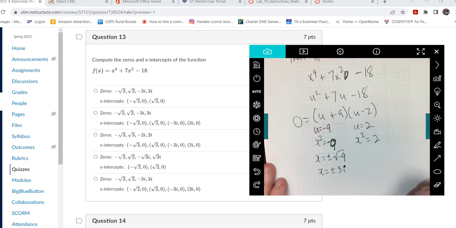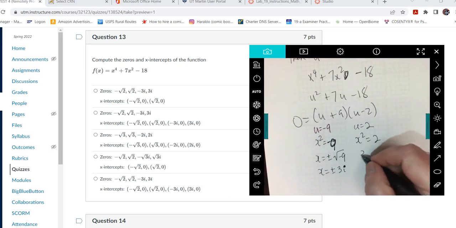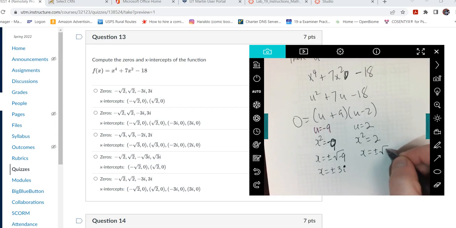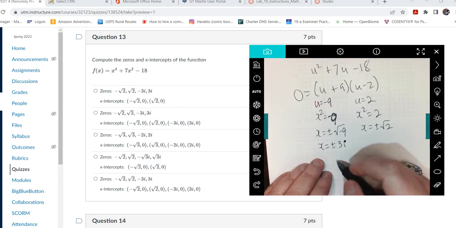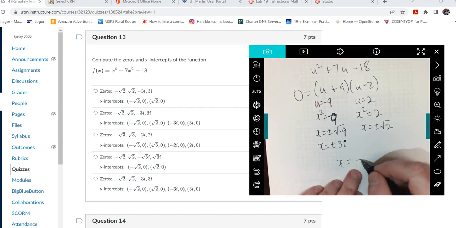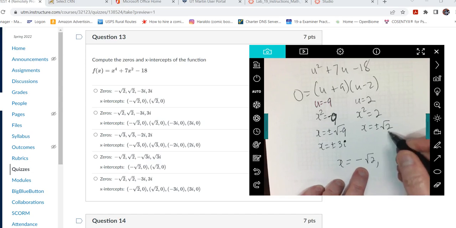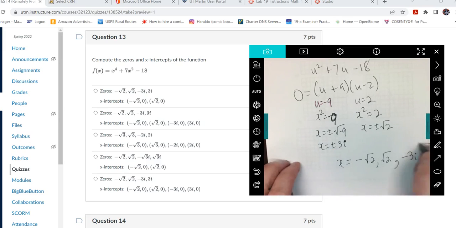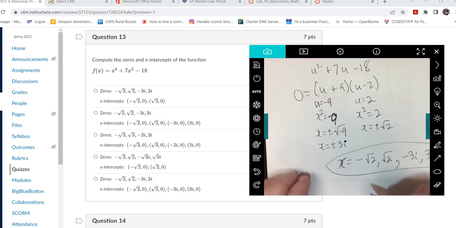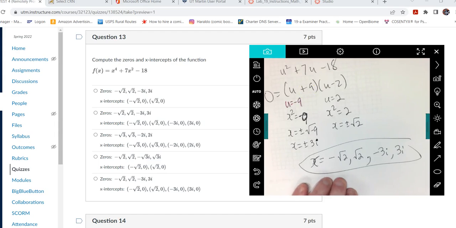That means x squared is equal to 2. If I take square roots of both sides, I'm going to get plus or minus square root of 2. So I'm going to have minus square root of 2, plus square root of 2, and then minus 3i and 3i. Those are my zeros.